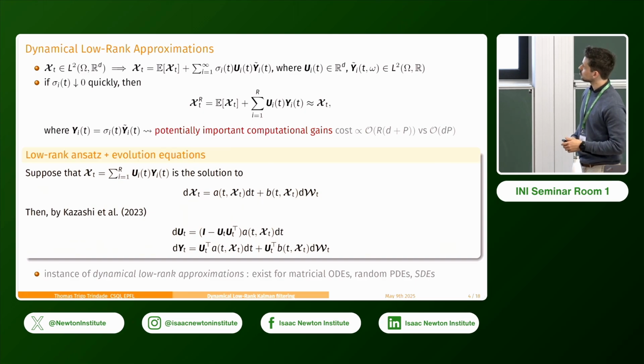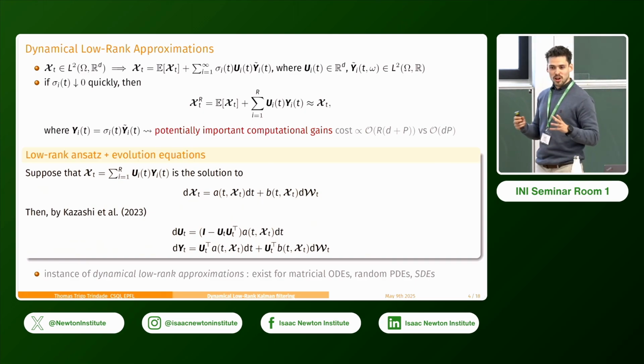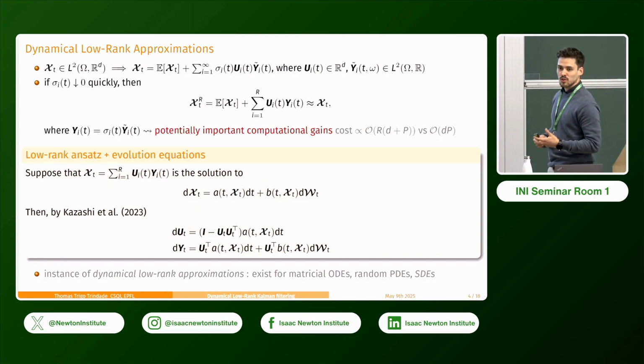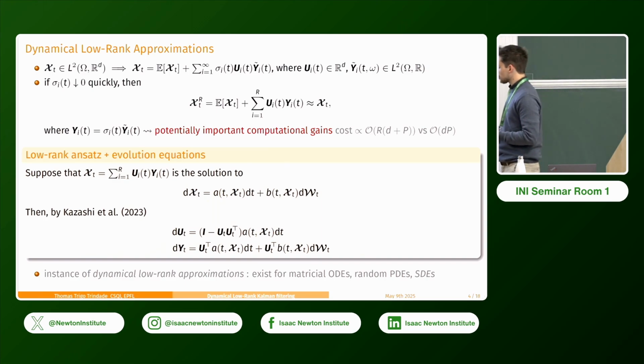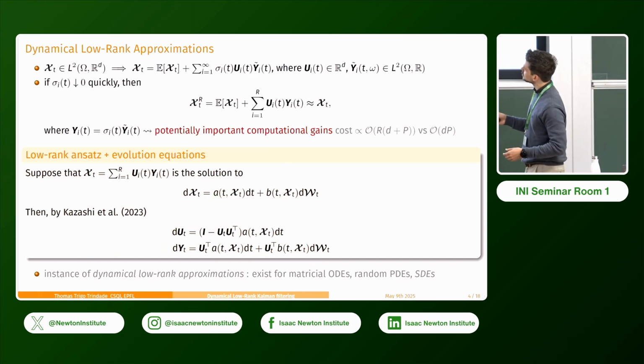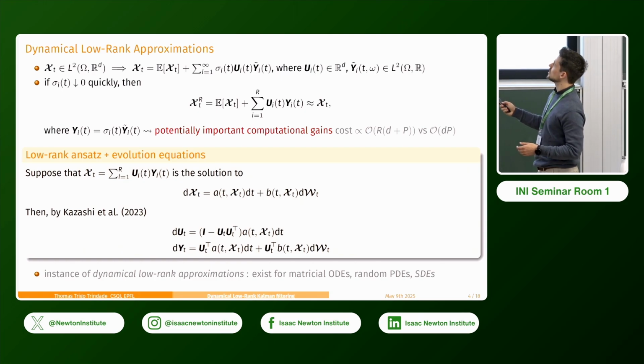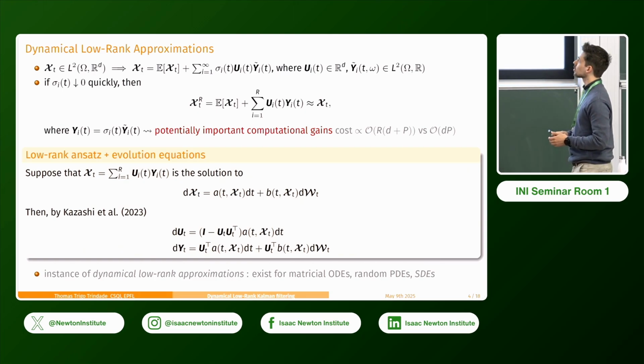To that end, I need to introduce another branch of numerical analysis, which is called dynamical low-rank approximations. The idea is we want to essentially recover this low-rank structure that evolves in time in a quite natural way. And so the construction that we can do is the following. You take any process that evolves in time, and you can decompose it into a mean and essentially this modal decomposition sum.